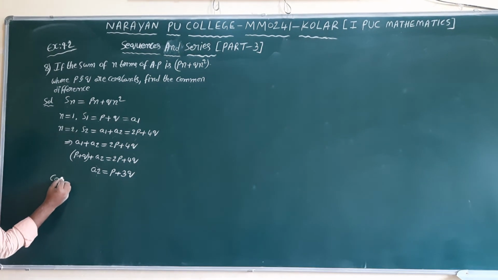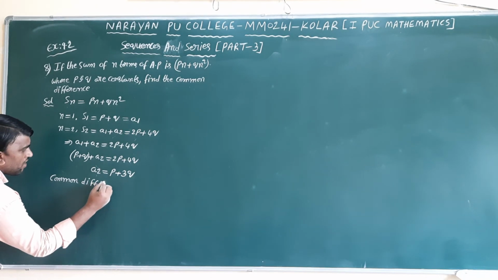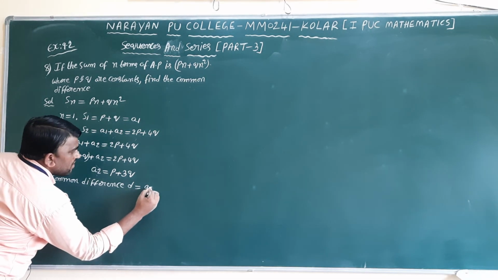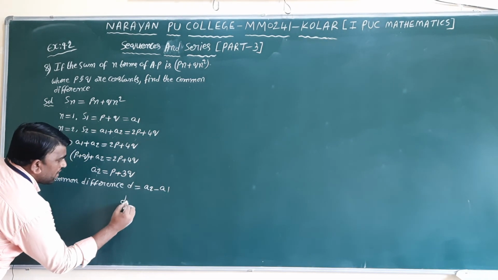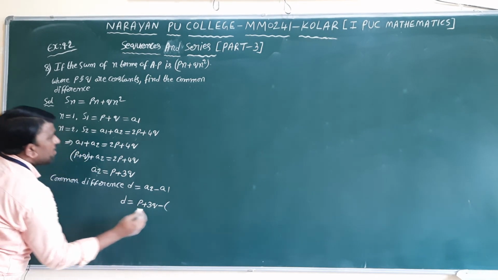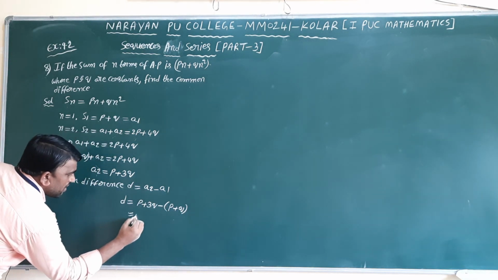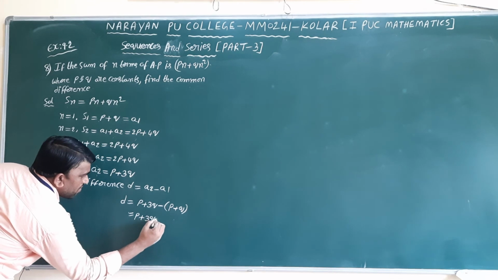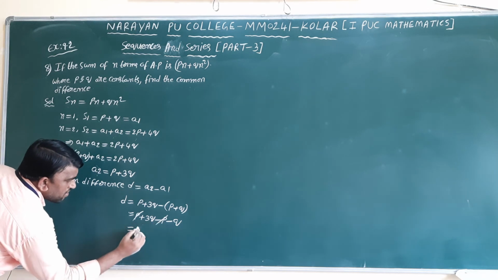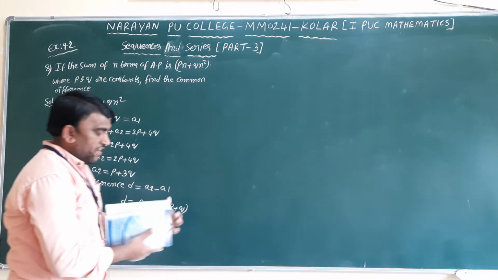Common difference d equal to A2 minus A1, d equal to P plus 3Q minus A1 value P plus Q. So multiply with minus: P plus 3Q minus P minus Q, P cancels, 3Q minus Q is 2Q. That is the difference.